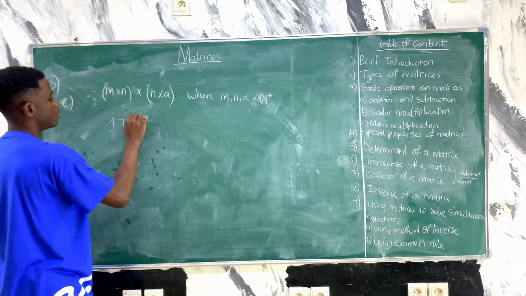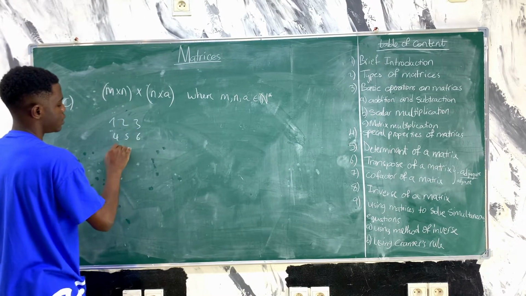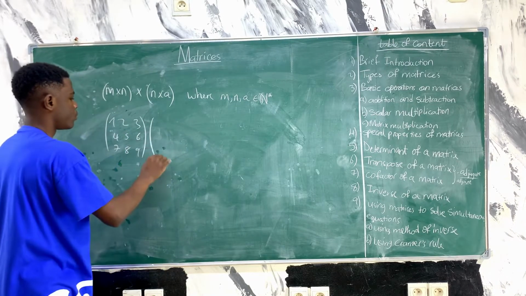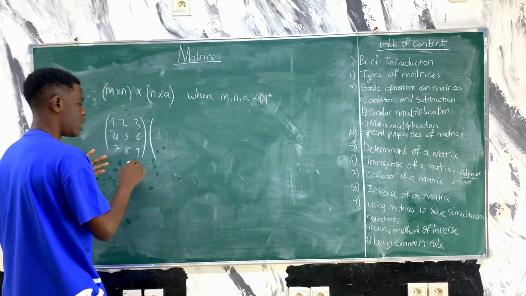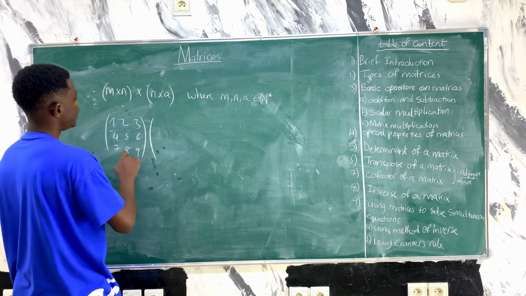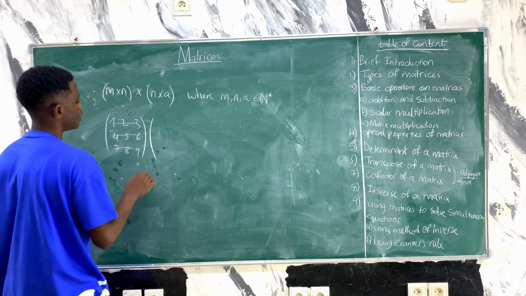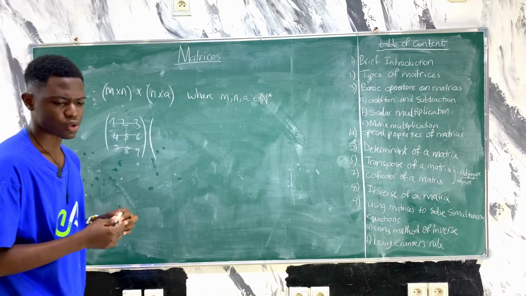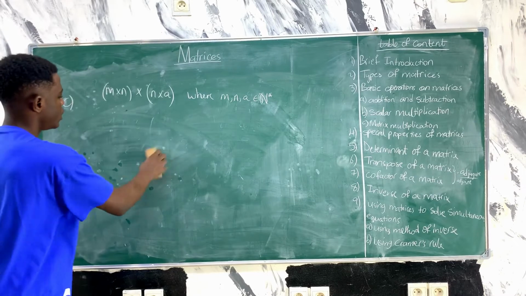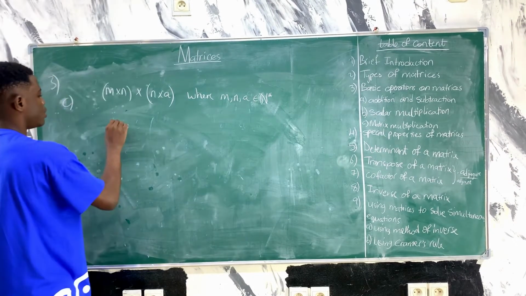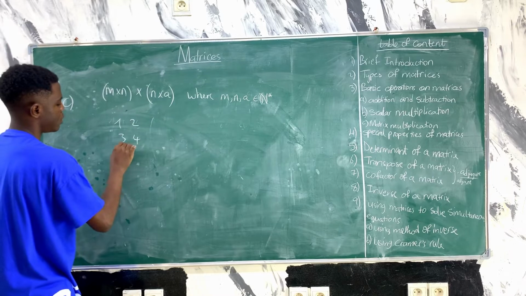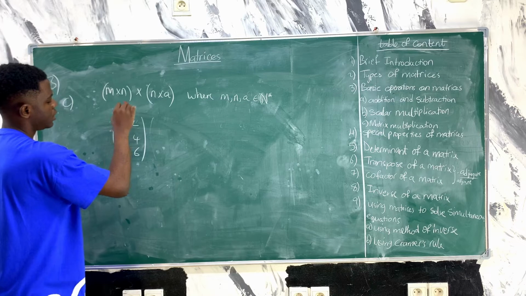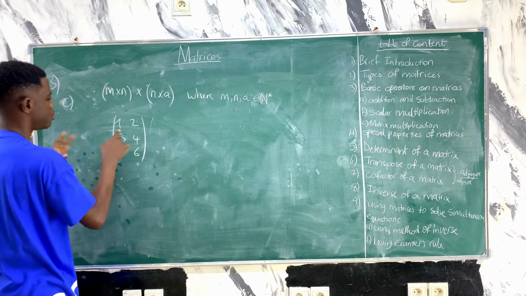I want to take something that is not square, so in case you have a 2 by 3, you can have 1, 2, 3, 4, 5, 6. Oh, this is 3 by 2 instead.